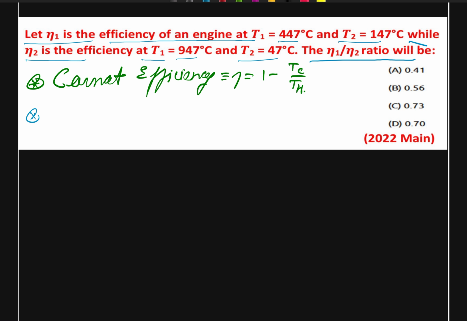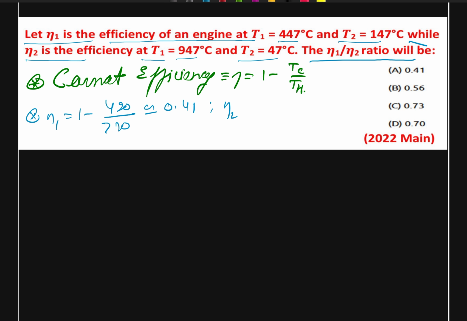First is nu1, which is equal to 1 minus, in degree centigrade, 420 divided by 720, and this we get will be equal to 0.41.